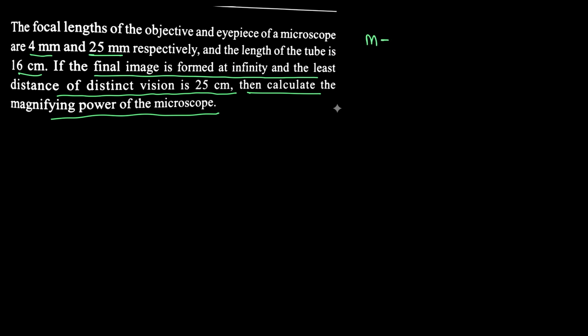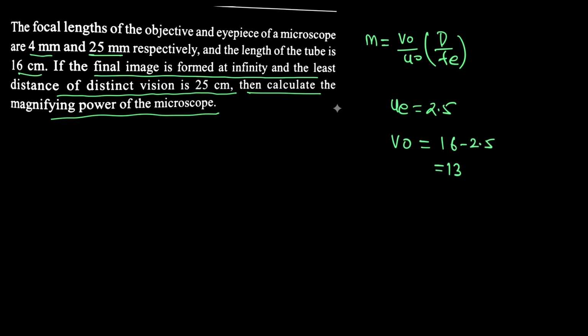It means I have to use this formula, M is equal to VO divided by UO, that is D by F. Now, if the final image is forming at infinity, UE will be equal to 2.5, just equal to the focal length, and VO will be equal to 16 minus 2.5, so that will be equal to 13.5, and the value of D is 25 centimeter.